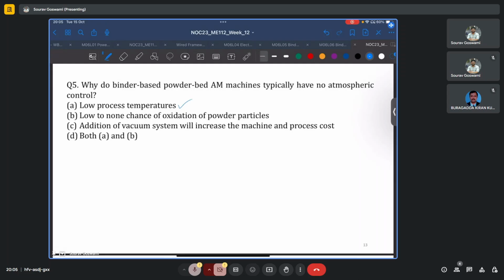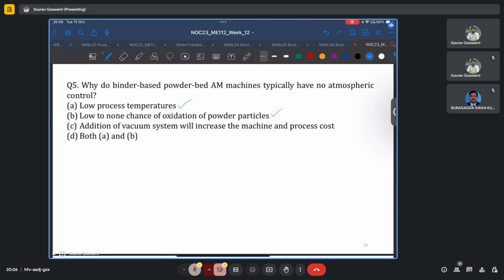While those processes are indeed significant in terms of temperature, the build process itself is performed at a low temperature. Again, because of the low temperatures during the building cycle, the chances of oxidation of the powder particles is a minimum. And because of these reasons, the vacuum system is not really needed for this process. And so there is no need to add it.